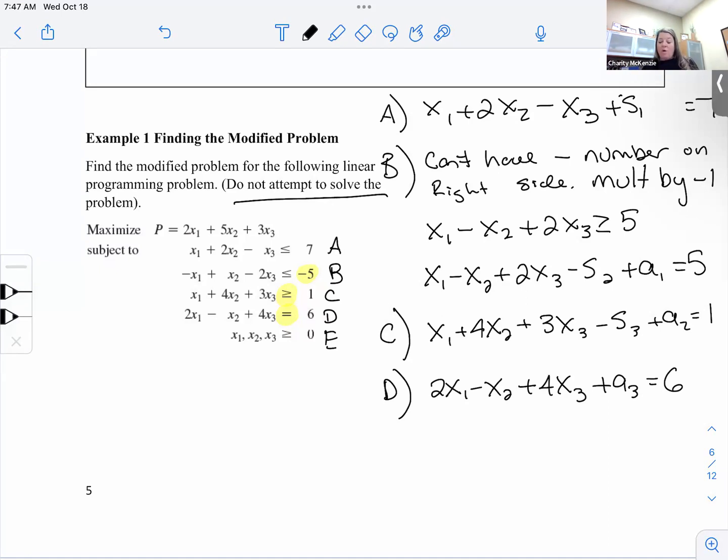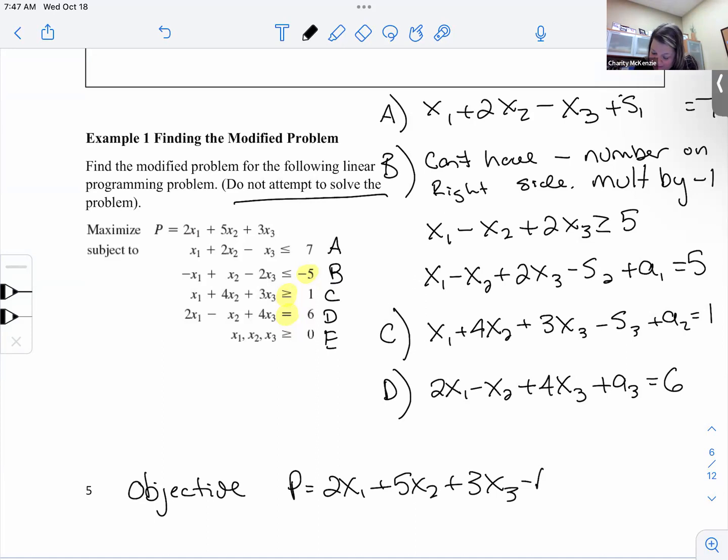Okay, those are all the different things I could possibly see. Now, let's rewrite the objective function. Because right now it's P equals 2x1 plus 5x2 plus 3x3. Well, every time I add in an artificial, I have to add in a big M. So I'm going to minus a big M artificial 1, minus a big M artificial 2, and then minus a big M artificial 3.